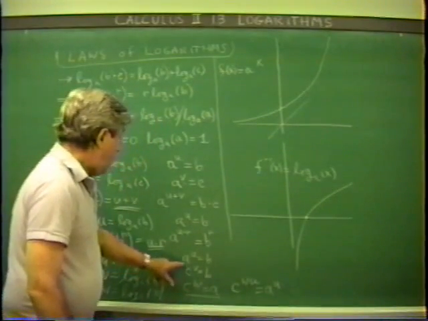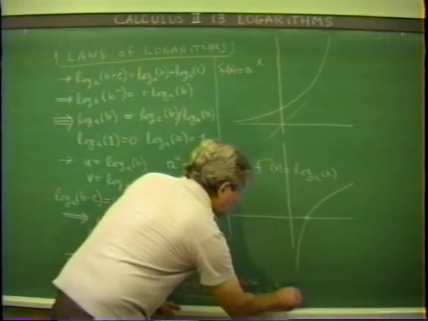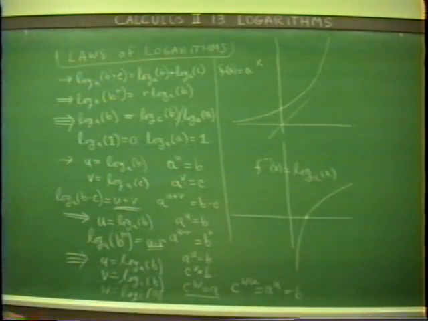C to the w is a, and a to the u is b, so that this is equal to b. All right?